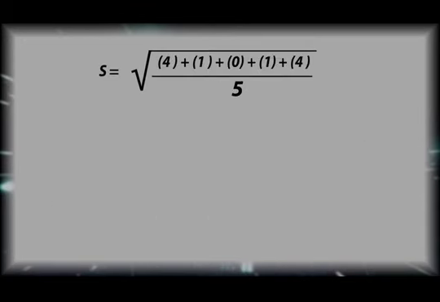That becomes 4 plus 1 plus 0 plus 1 plus 4 divided by 5 under the square root sign. When we simplify further, we get 10 divided by 5 under the square root sign. So that gives us the square root of 2, and the answer finally is 1.41.